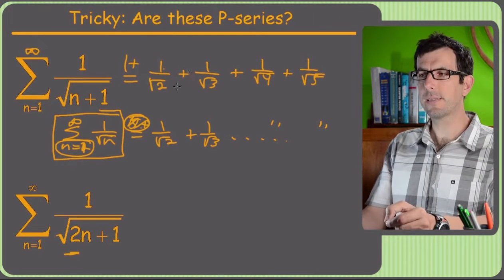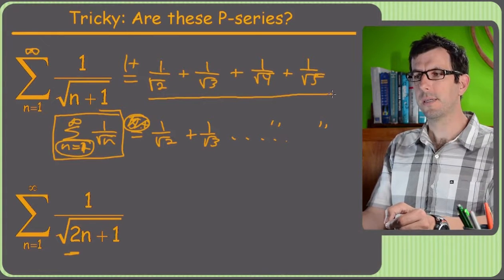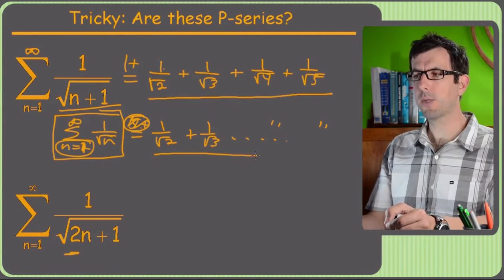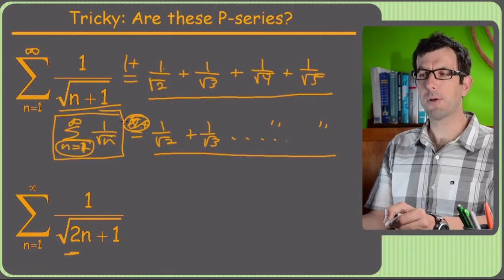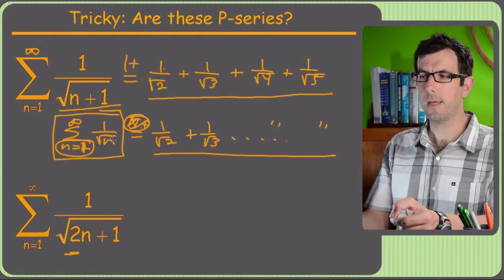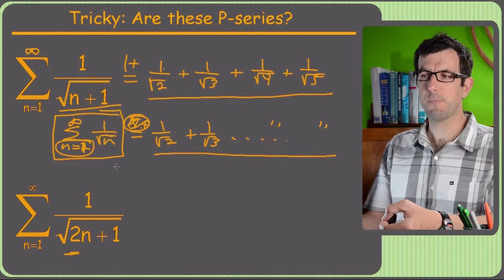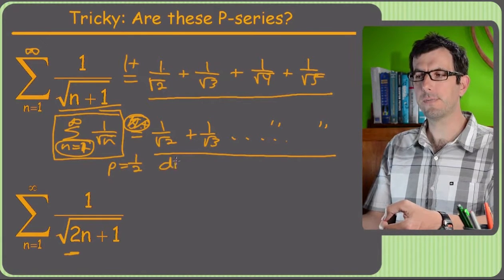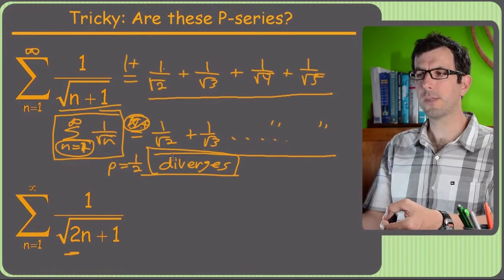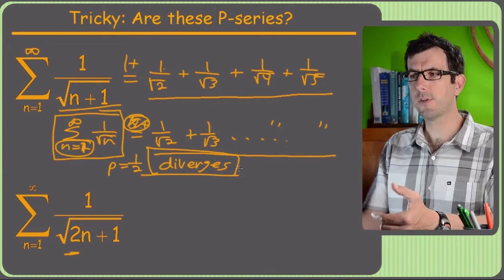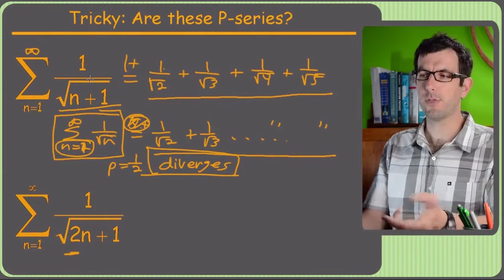So the moral of the story is that because this series with the n plus 1 under the root has all the same terms going towards infinity as a pure p-series of 1 over root n, they're both p-series, and since this is n to the 1/2, meaning p is 1/2, that means it diverges. So because we could find a p-series that has almost all the exact same terms that does diverge, our original one diverges also.